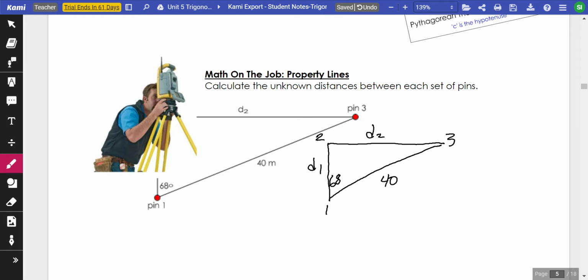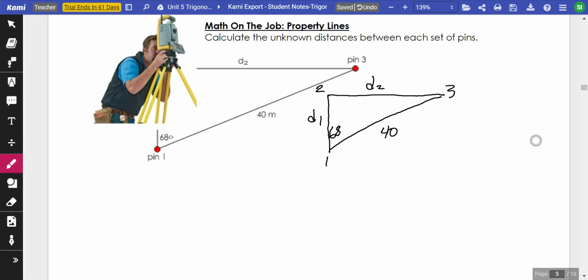So we want to find out what D1 and D2 are. So we have to figure out which trig ratio we want to use. For D1, we're always going to reference this angle since that's the one given. D1 is the adjacent side, and we know the hypotenuse, so that's the cosine function. So cosine 68 equals D1 over 40. You're going to find the cosine of 68 and multiply it by 40.